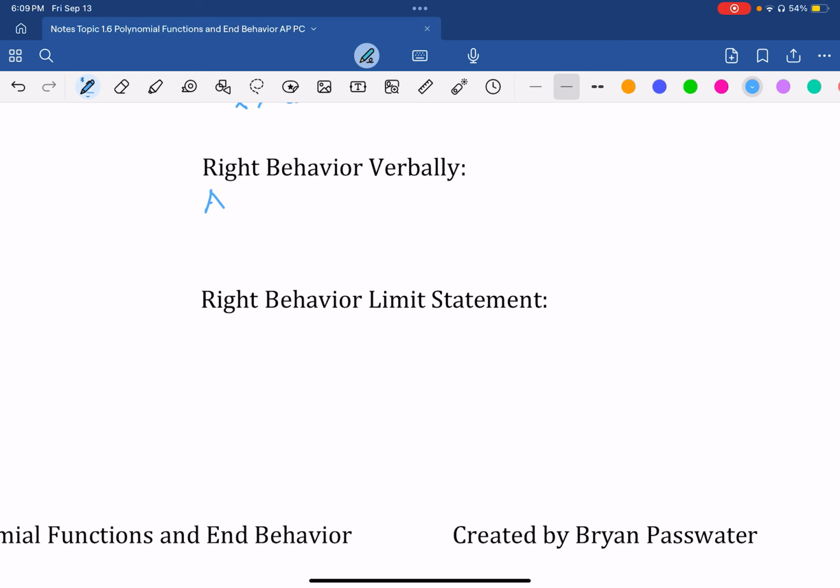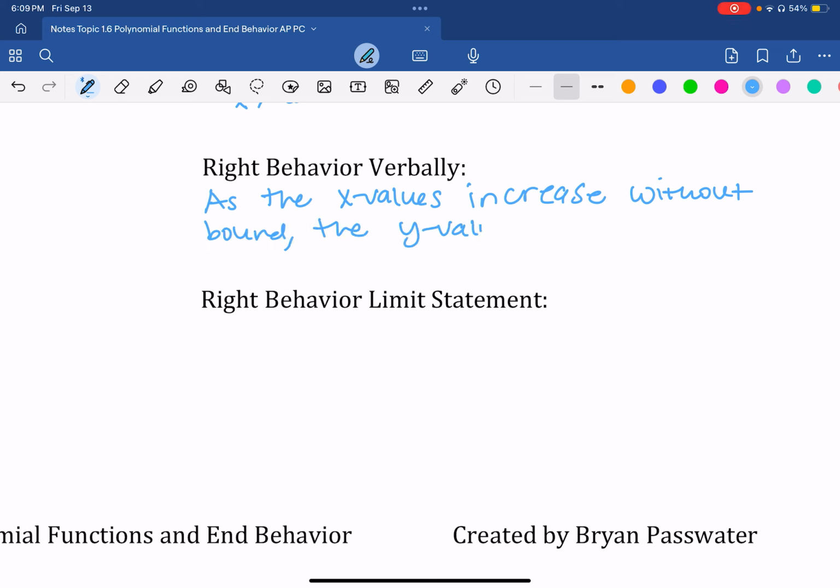As the x values increase without bound, the y values of f of x increase without bound.